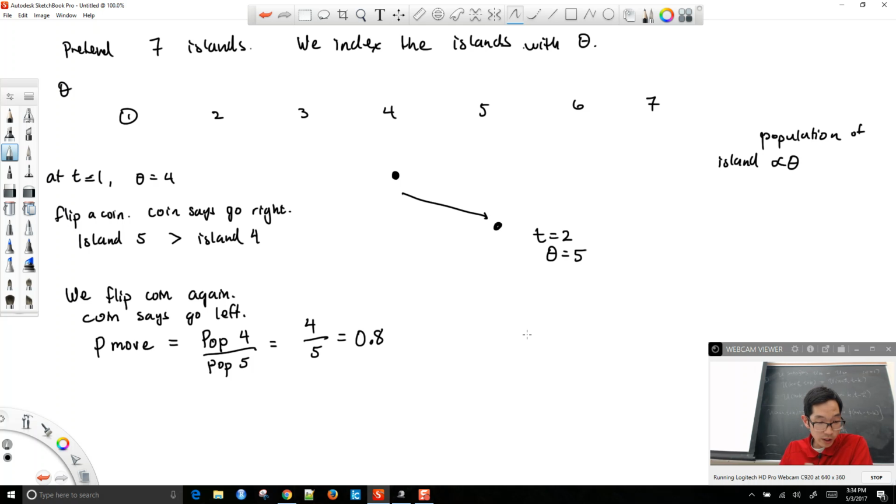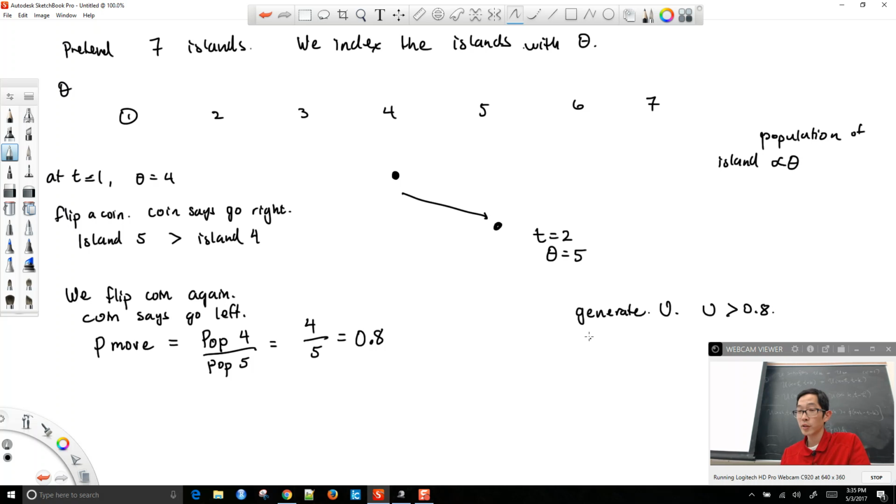And we will say we generate u, and it happens to be over 0.8. Generate u, and u ends up being 0.8.